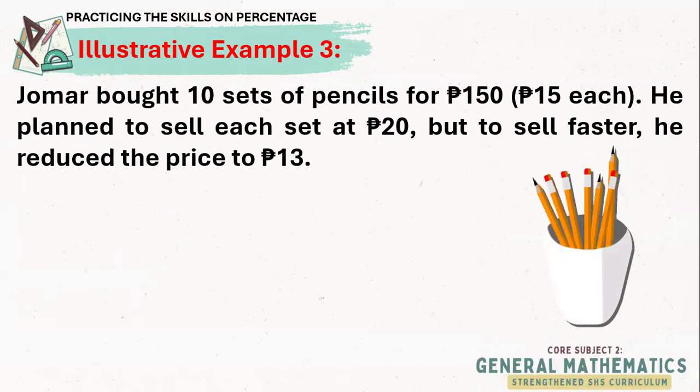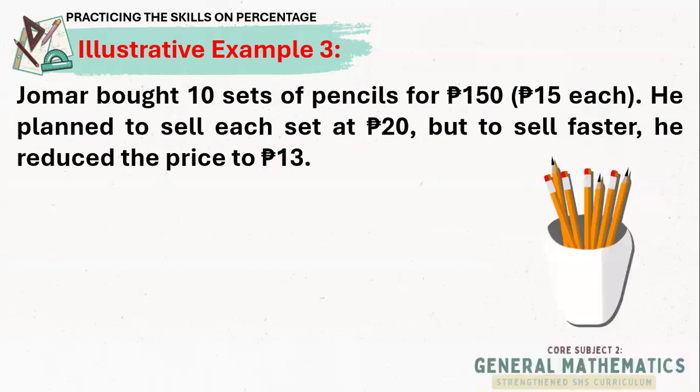So Jomar bought 10 sets of pencils for 150 pesos. That's 15 pesos each. He planned to sell each set at 20 pesos, but to sell faster, he reduced the price to 13 pesos. So I don't get the logic of Jomar there selling it at a lower price just to sell it faster.